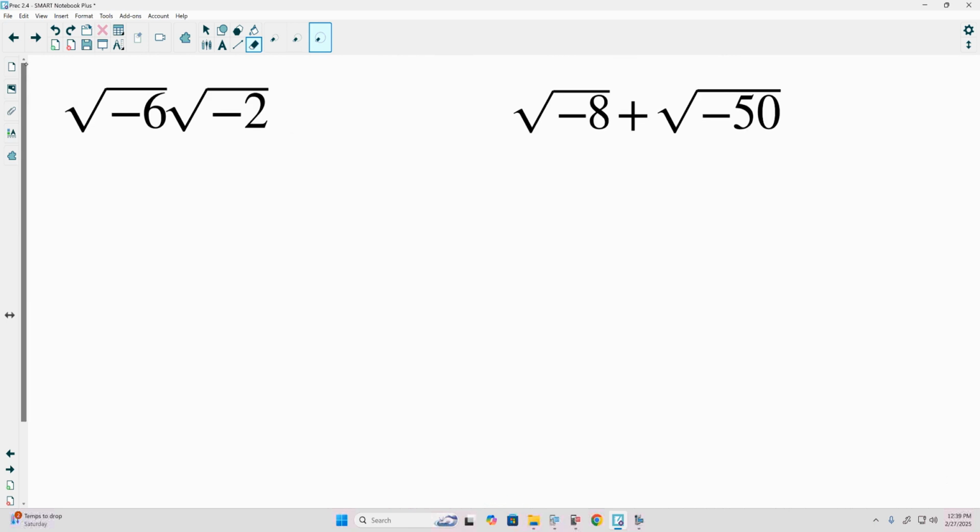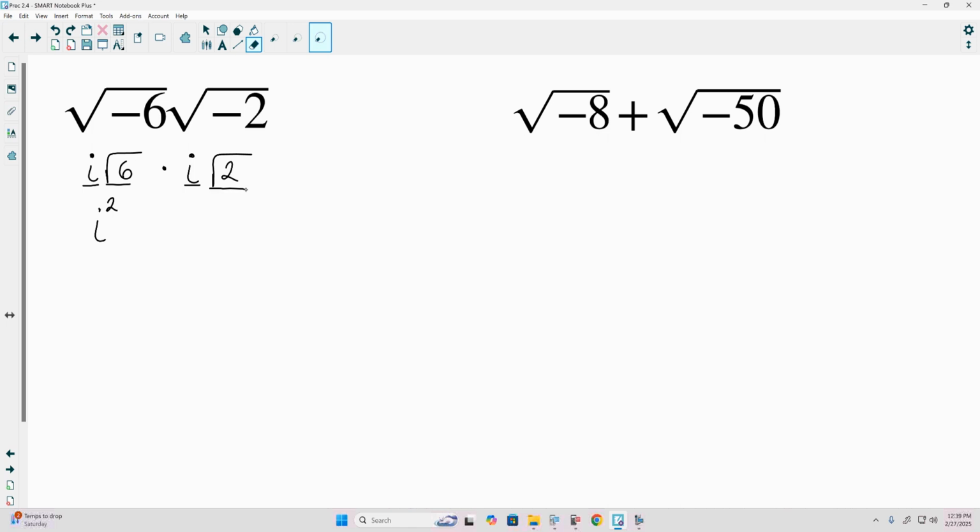So in terms of just simplifying, the square root of negative 6 times the square root of negative 2, well, the negative in both of these cases is going to come out as i. So really what this is saying is that I have i times the square root of 6, times i square root of 2. Now here the i times i outside will multiply to give us i squared.